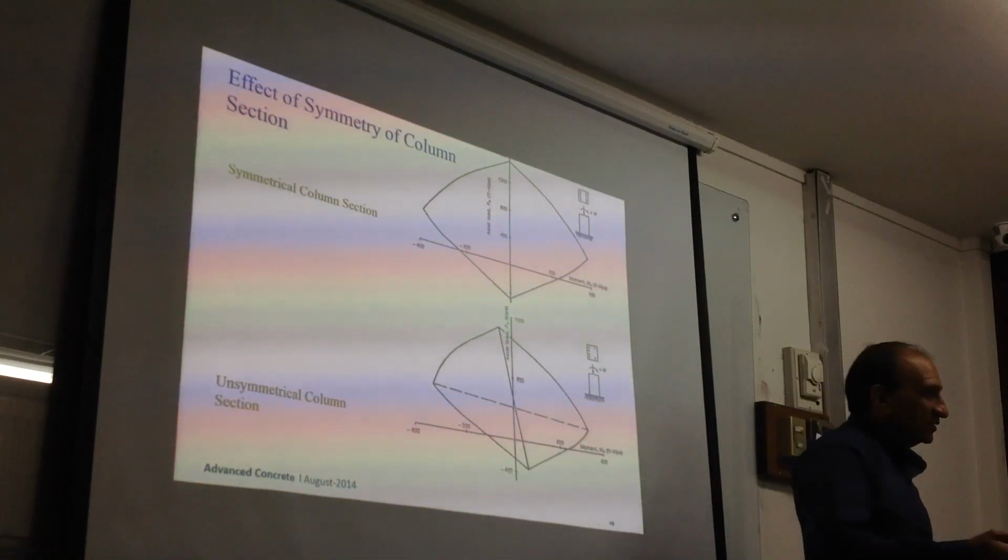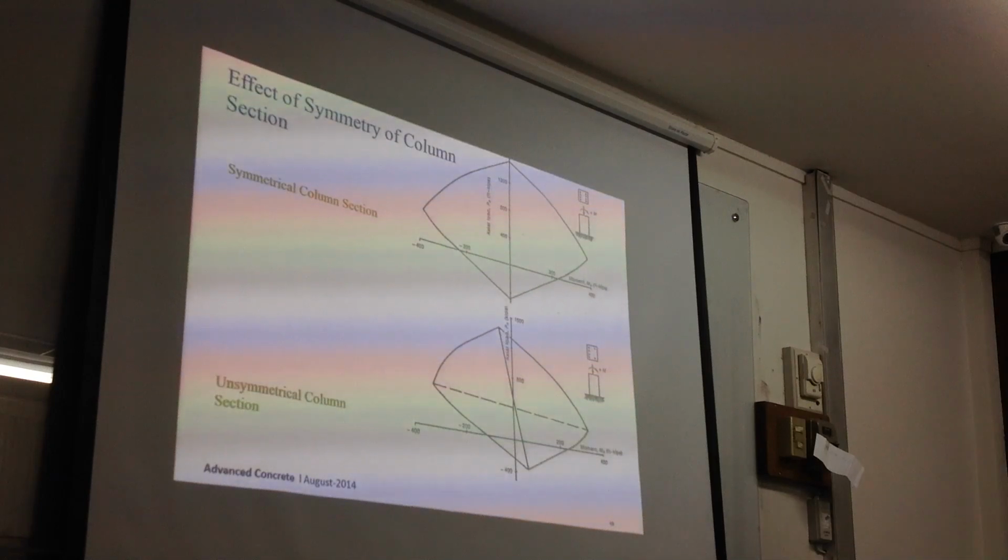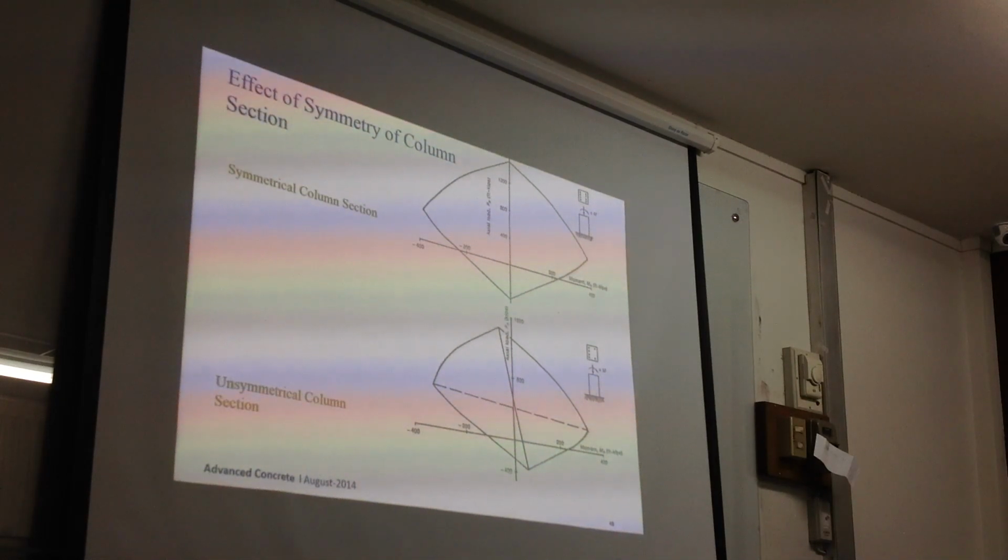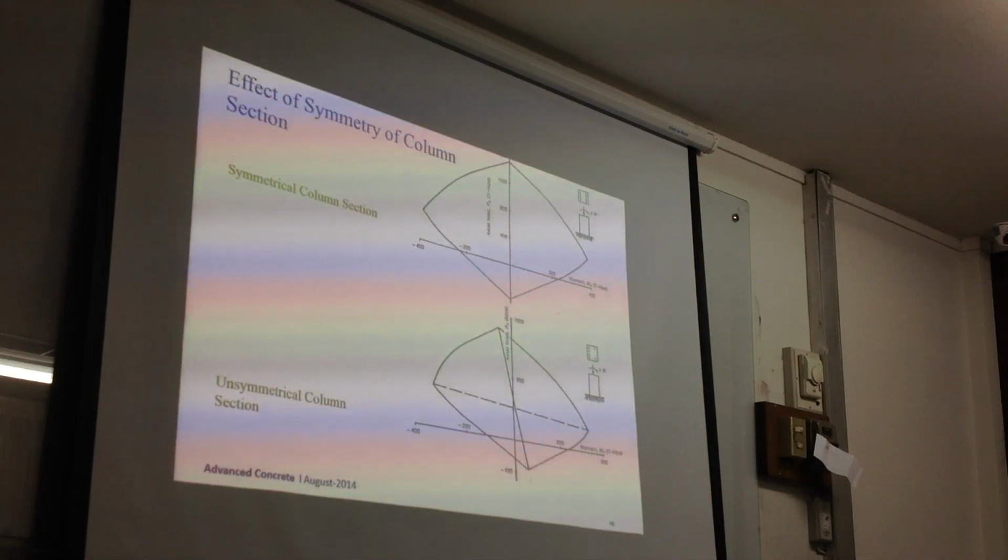And if you push it, the section will automatically get a moment that you never applied. But it is generated because the section centroid, the capacity of the section and the applied load are not in the same location. So you get this extra moment correction.